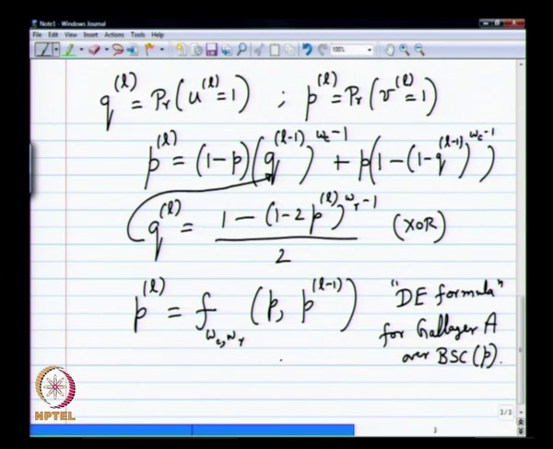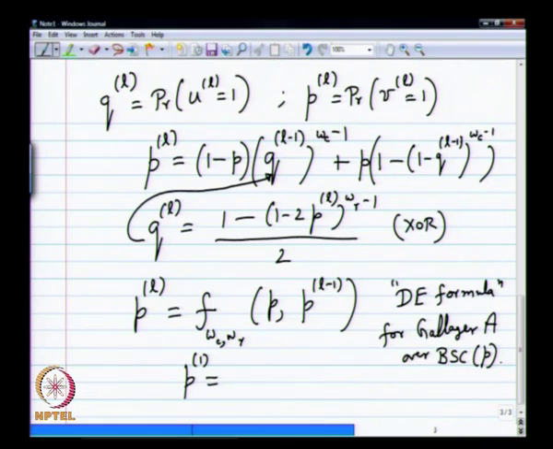Of course, in any iterative formula like this, you need a starting point. What is that starting point? P0. What is P0? I think it is good to think of P1, since we are numbering iterations from 1 onwards. So, what is P1? The probability that V1 equals 1. What is V1 first of all? V1 is simply Ri.